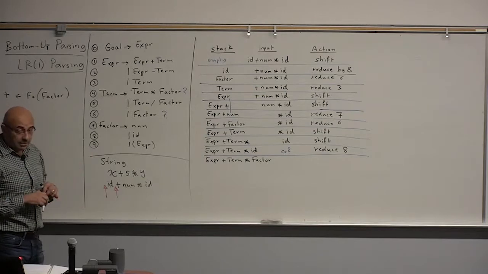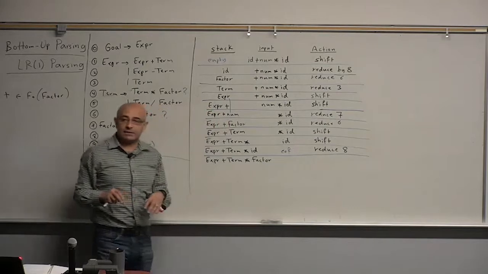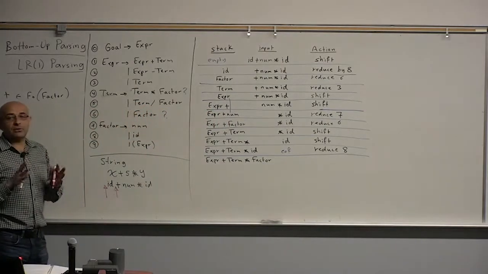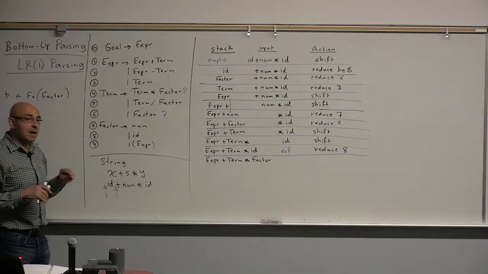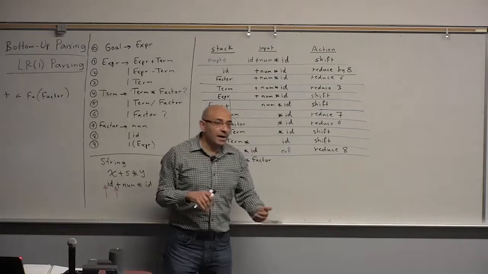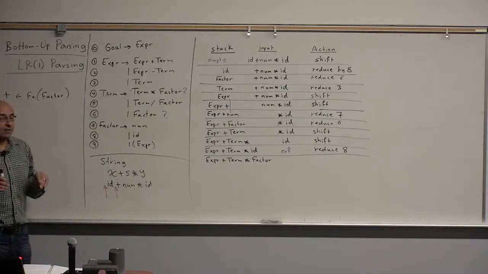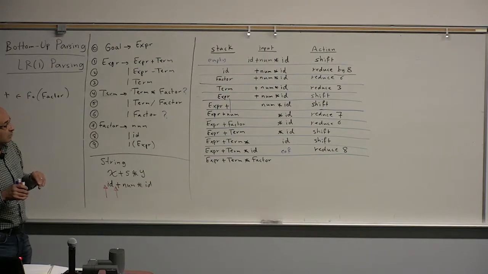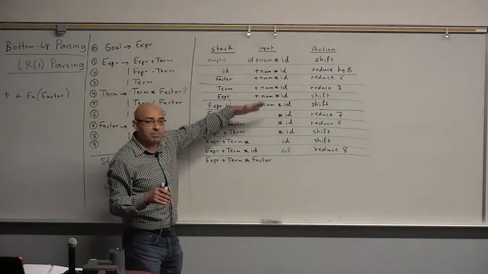So you are right, but how does this translate into a systematic rule? In fact, we have not yet described how we can systematically decide when to shift and when to reduce and which rule to use for the reduction. We're only trying to understand how this bottom-up parsing works.